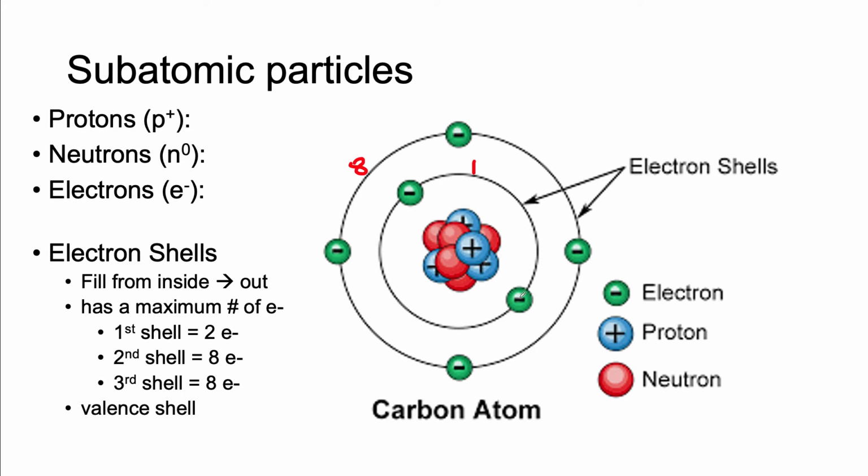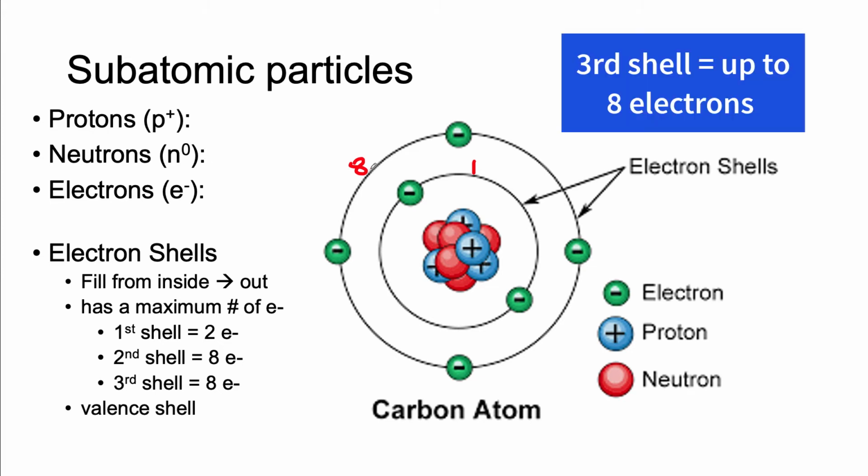So the first 2 go in the first shell, and then we only have 4 others. So even though we could put 8 electrons in the second shell, we don't have 8 electrons to put in there. So we arrange the ones that we have in the second shell. If this was an atom that had extra electrons and was bigger, and you filled up the first and second shell, you could actually move on to the third shell, which can take 8 electrons as well.